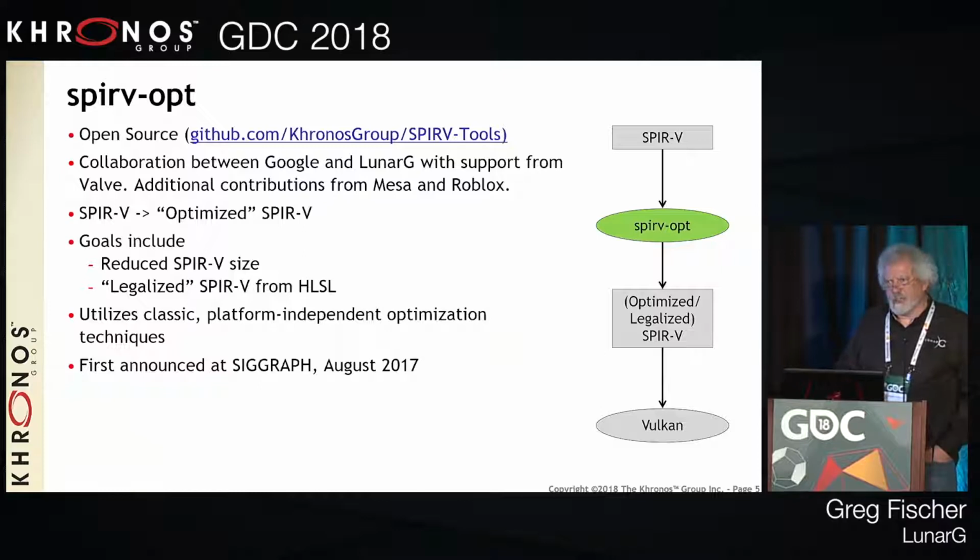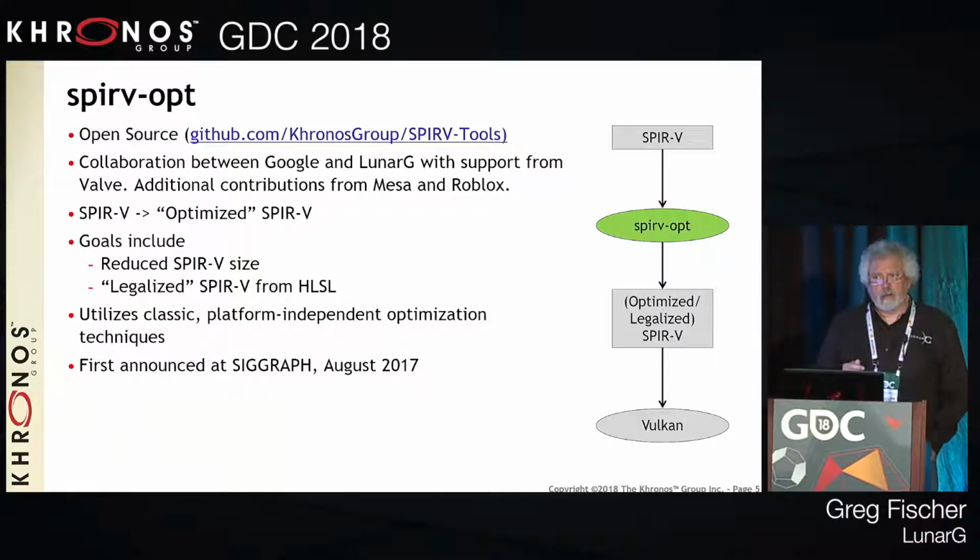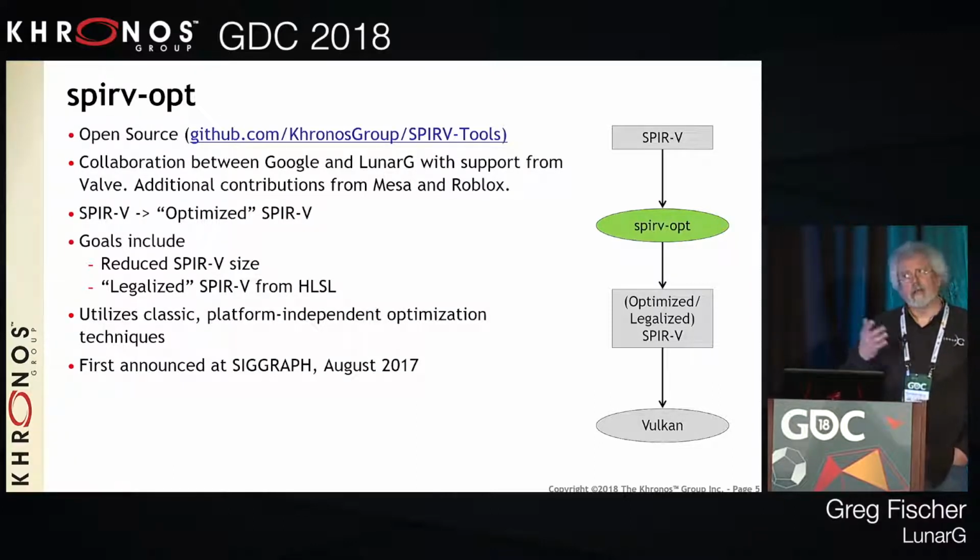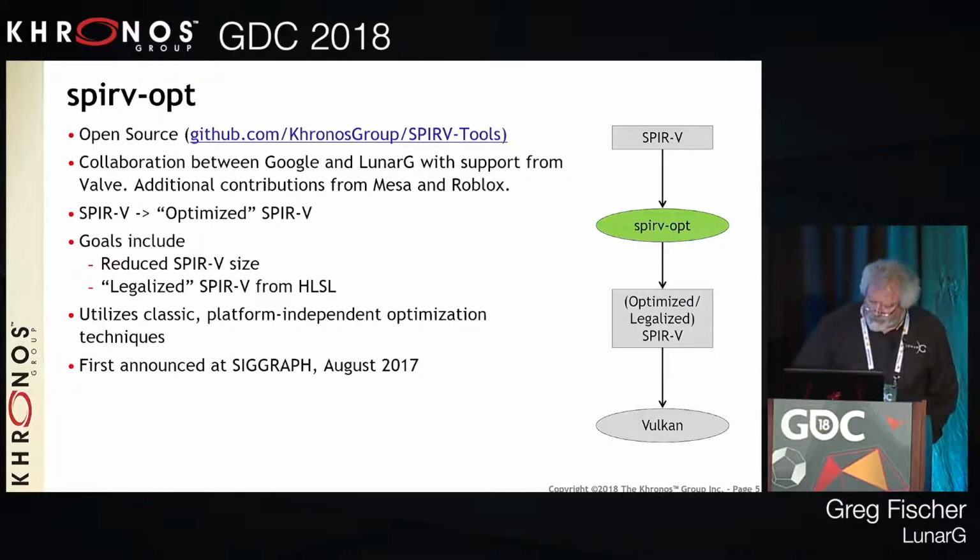The first set of these passes was first announced back in August of last year at SIGGRAPH, and have generally been available since then. Since then, there's been quite a bit of additional refactoring and improving additions to it. So it's a pretty active project right now.